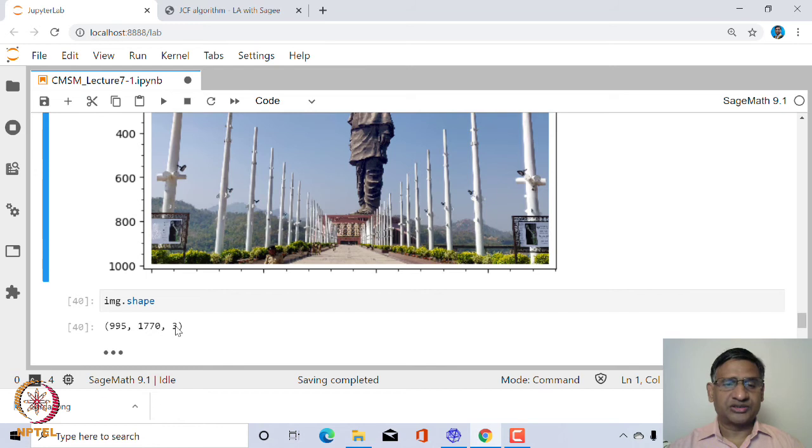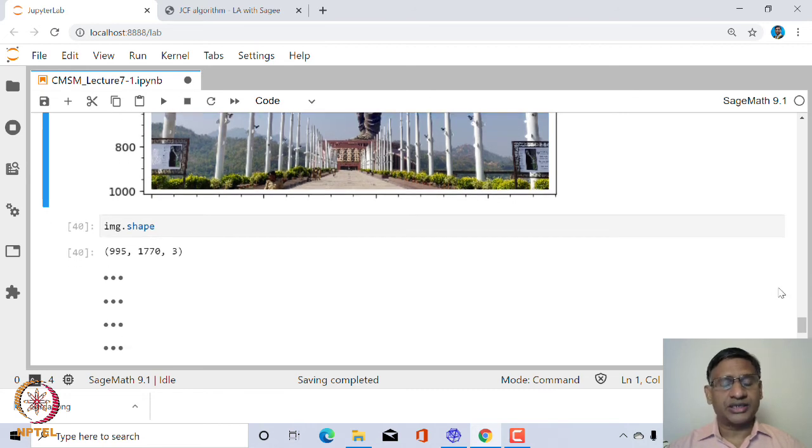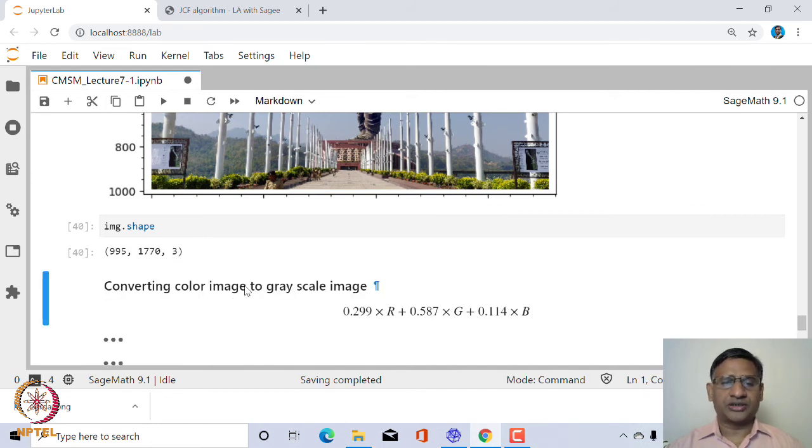this third component gives you the color. So, this is a color image, but we have done singular value decomposition of an M by N matrix. So, we need to convert this into a gray image, so that we do not have this color component. There are several ways in which one can convert a color image into a gray image.